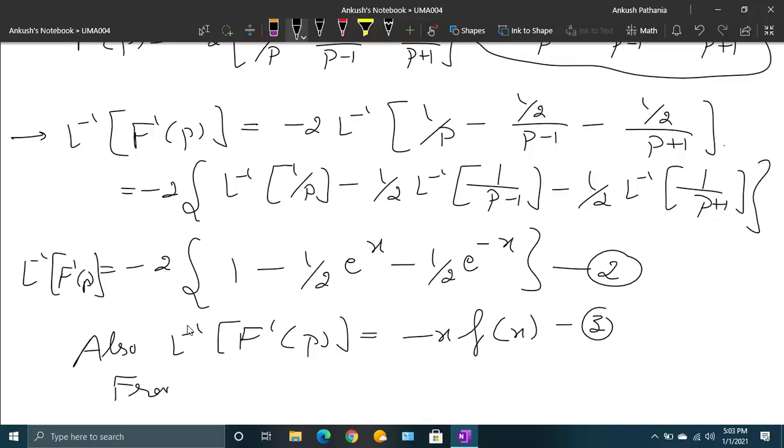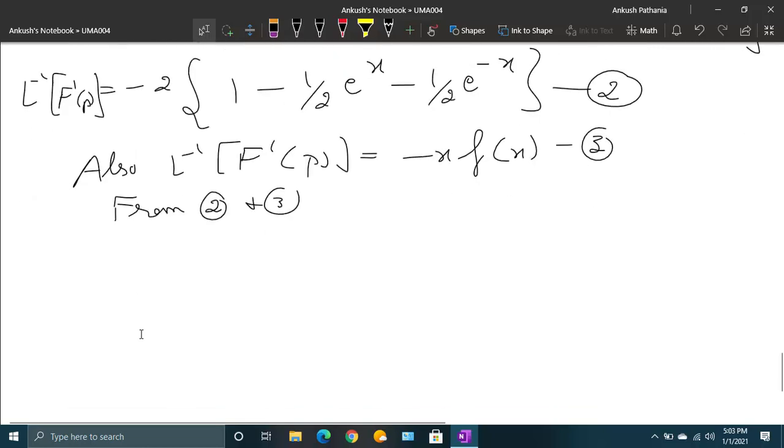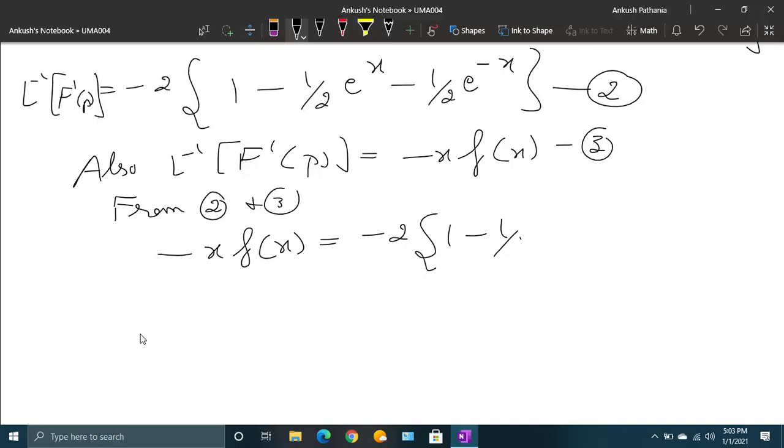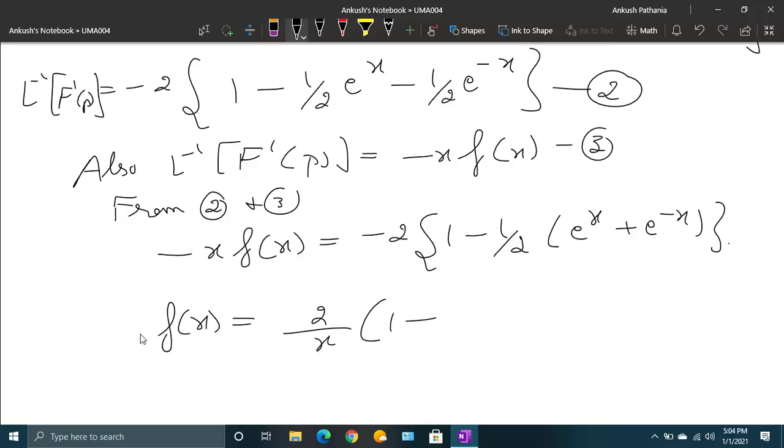From 2 and 3, comparing both sides, we get minus x f(x) is equal to minus 2 times 1 minus 1 by 2 times (e^x plus e raised to power minus x). So f(x) is equal to 2 upon x times 1 minus 1 by 2.